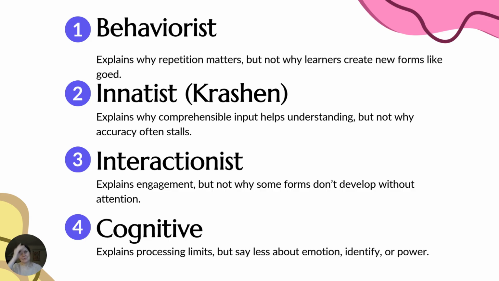Okay, innatist approach. Remember that was Noam Chomsky with his universal grammar, claiming that we as people have all the prerequisites to learn a language. Like we're wired to learn a language. So Krashen built on this idea.